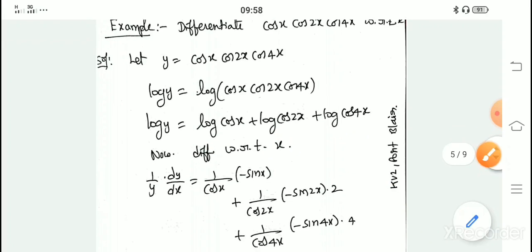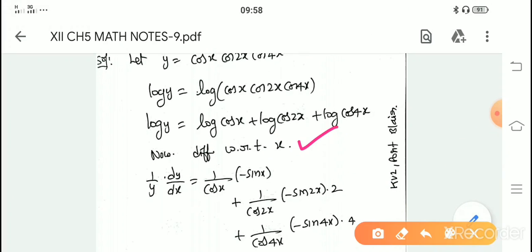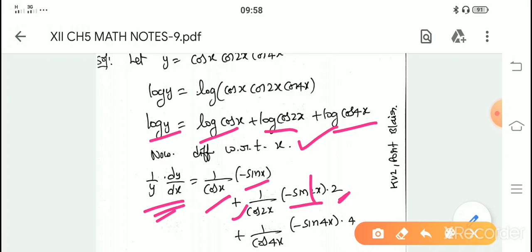Now differentiate with respect to x. Log y derivative is 1 by y dy by dx. Now applying the chain rule, each and everything's derivative: 1 by cos x into minus sin x, the cos x derivative; 1 by cos 2x into minus sin 2x into 2, because the 2x derivative is also needed; 1 by cos 4x into minus sin 4x into 4, because of the 4x derivative.